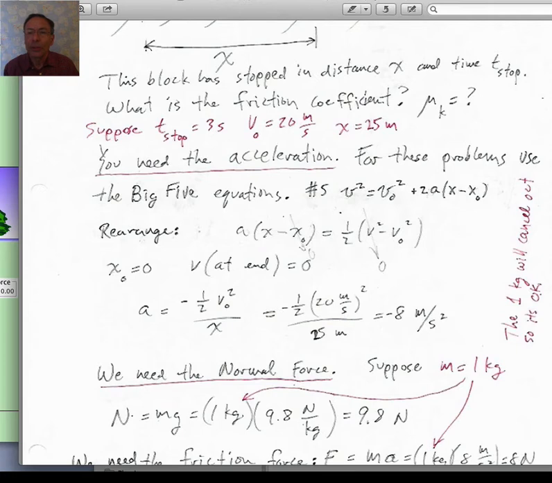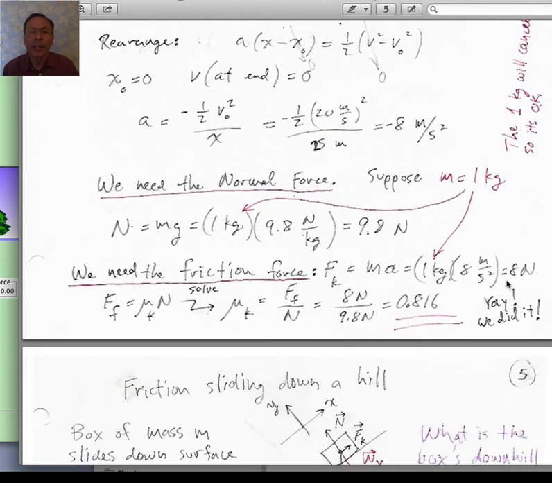Okay, so now we need the normal force. Now, the normal force, which is what's holding it up, is equal to the weight, right? So the normal force and weight cancel. So the normal force equals mass times gravity, but we don't know the mass. So at this point, you have options. You could work your way through this problem in an algebra sort of way, which is actually better, to be honest.